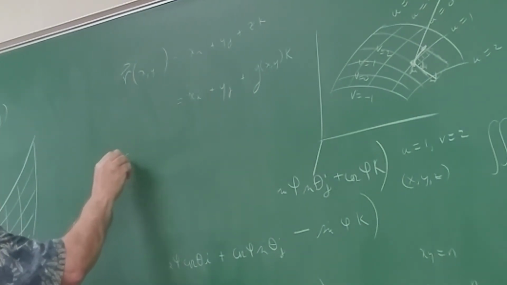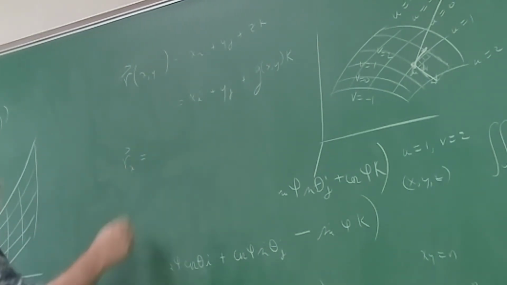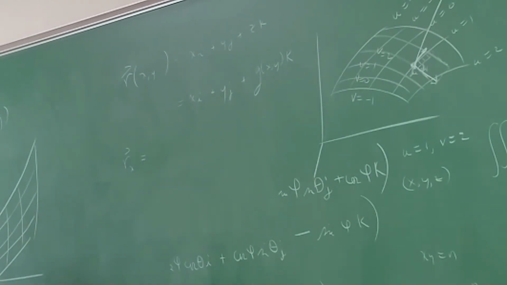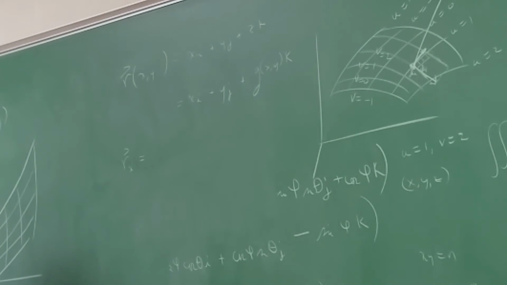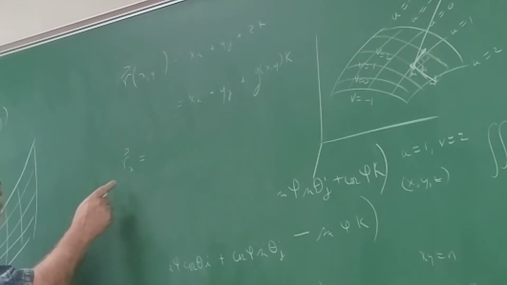Then r sub x equals, I'm sort of waiting for you to jump in here. Like r sub x equals, it's just gonna be dx. Wait a minute, this is a derivative, not a differential.